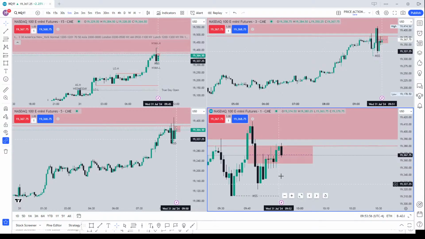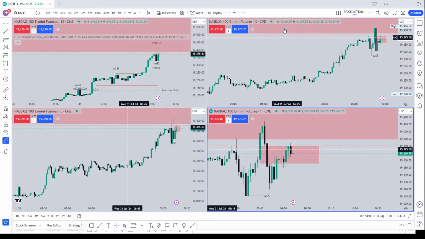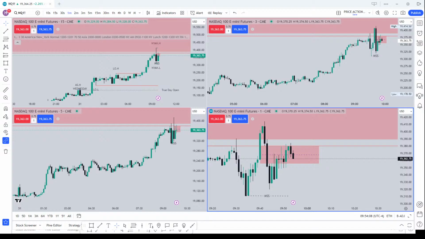It would be nice to see a displacement down. Still no strong rejection.